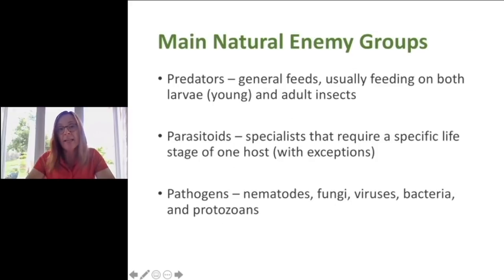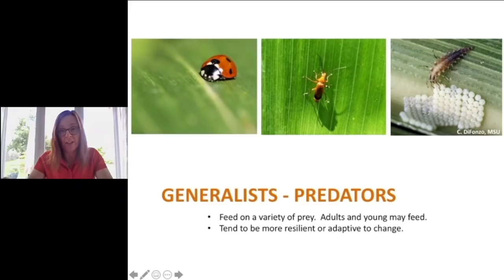So there's three main natural enemy groups. There's the predators, there's the parasitoids, and the pathogens. So I'll cover a few examples of each of them. So the generalists, they're predators. They just mow on anything that they can come across if they recognize it as prey. And they're probably the most obvious that most of us see.